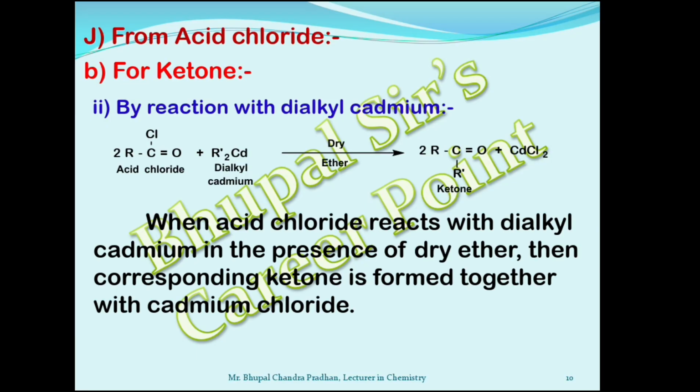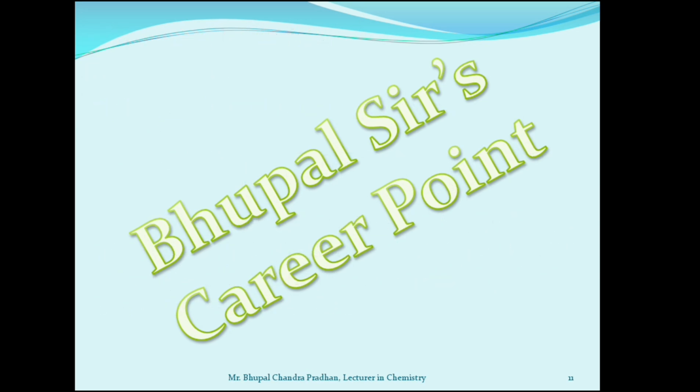In the statement we have to write down: when acid chloride reacts with dialkyl cadmium in the presence of dry ether, then the corresponding ketone is formed together with cadmium chloride. This reaction is carried out only to obtain ketone from acid chloride, because by Rosenmund reaction ketones cannot be obtained.